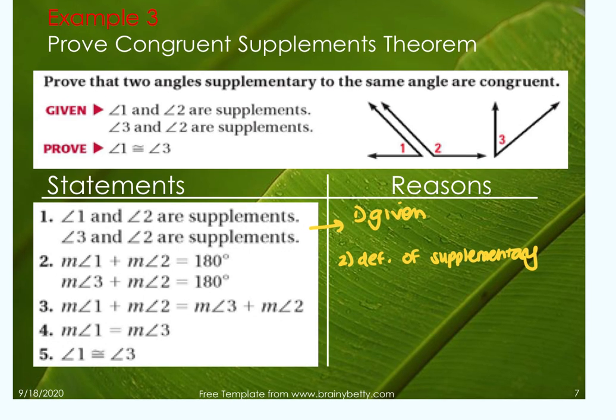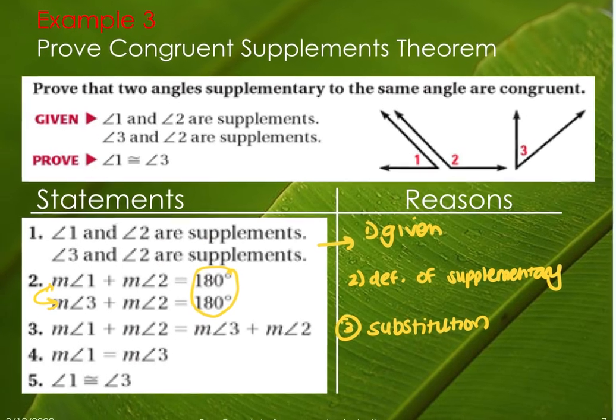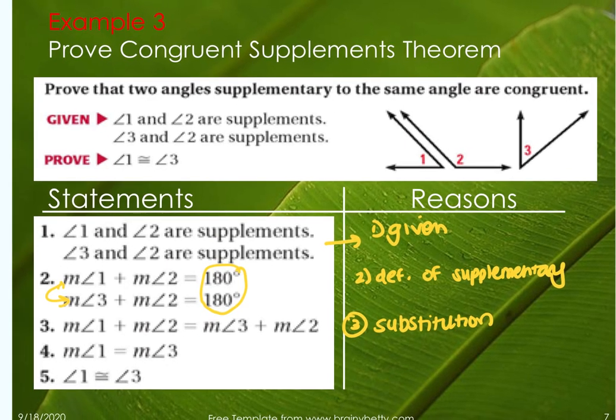Three, the measure of angle 1 plus the measure of angle 2 equals the measure of angle 3 plus the measure of angle 2. So we took these 2 statements that were both equal to 180 and we set them equal to each other. We substituted 1 in for the 180, and so this would be substitution. And for 4, from 3 to 4, we eliminated the measure of angle 2 from both sides.